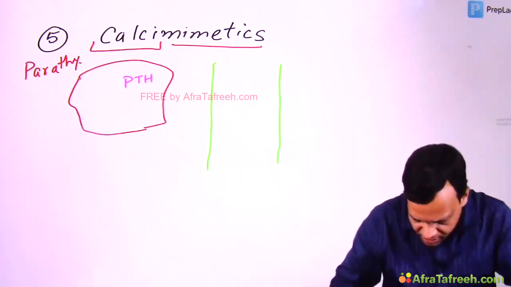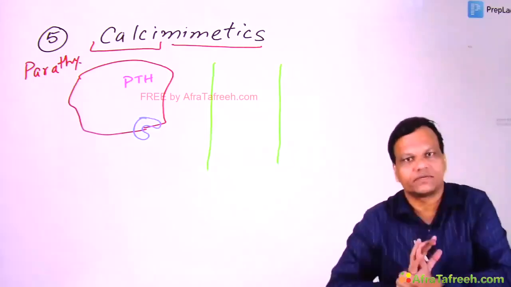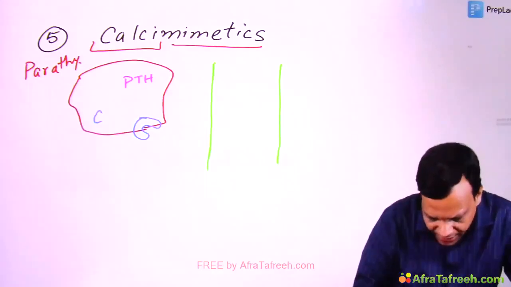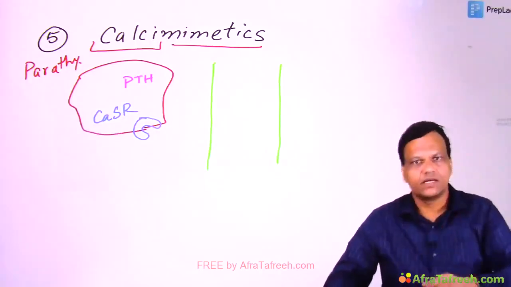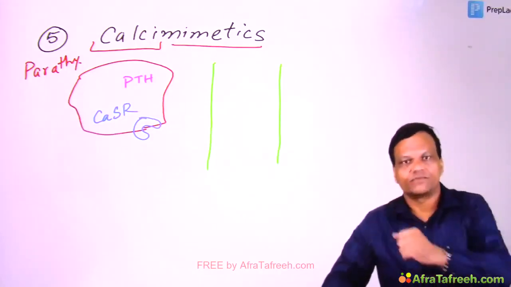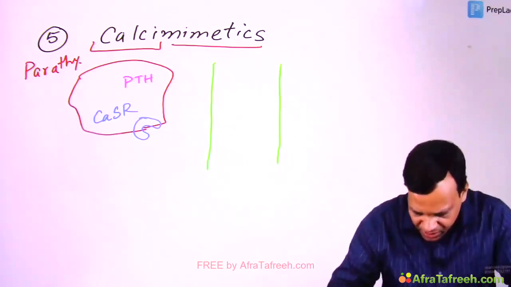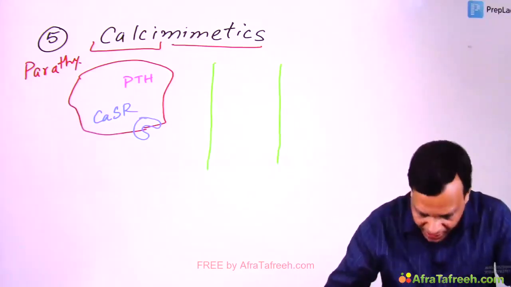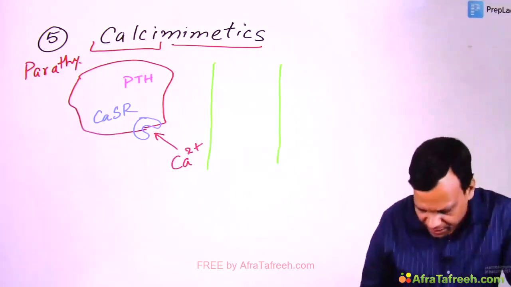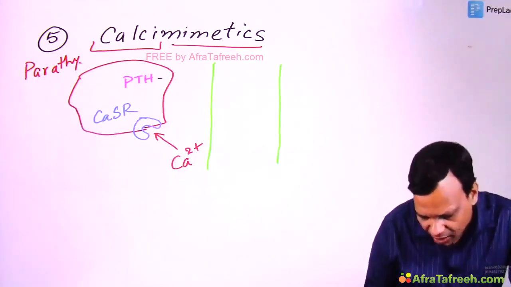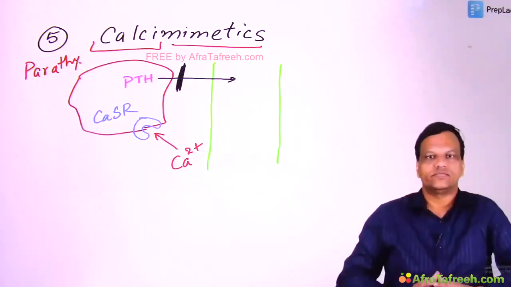And how it inhibits is, on the parathyroid gland there is a receptor called the calcium sensing receptor, CASR. This receptor is sensing the blood calcium. Whenever blood calcium is present in adequate amount, calcium will stimulate the calcium sensing receptor. And when this receptor is stimulated, PTH is not released. It inhibits the release of PTH.